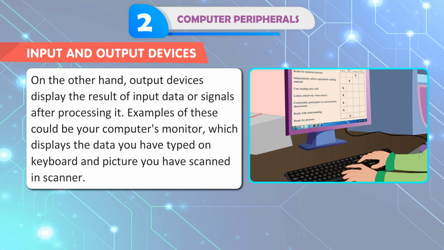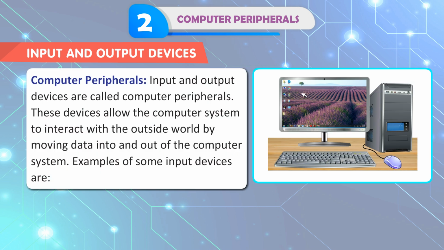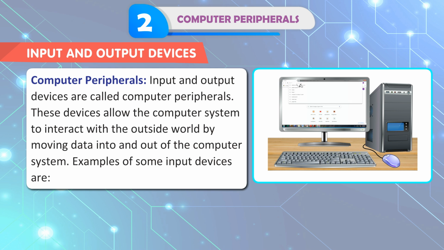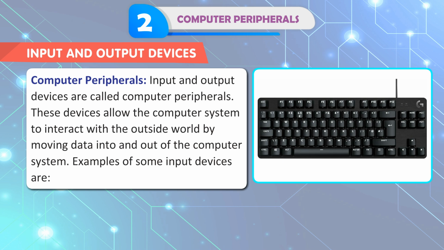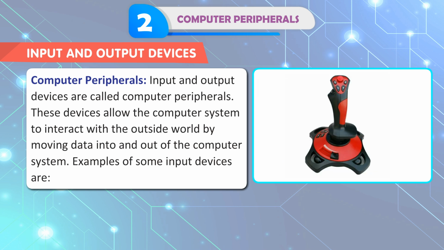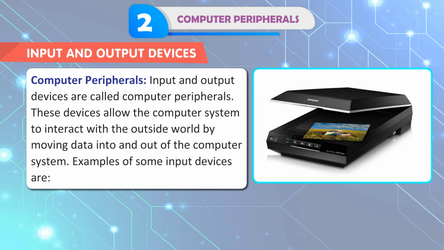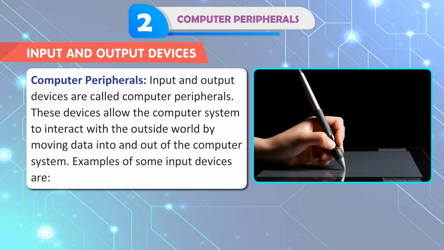Computer peripherals. Input and output devices are called computer peripherals. These devices allow the computer system to interact with the outside world by moving data into and out of the computer system.